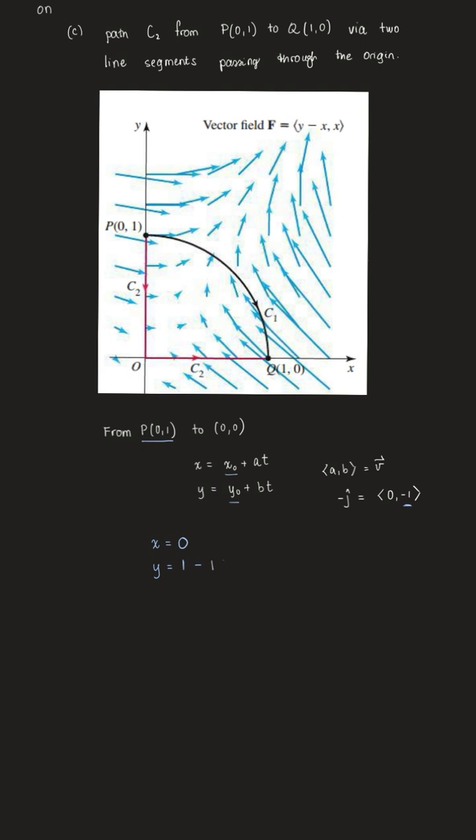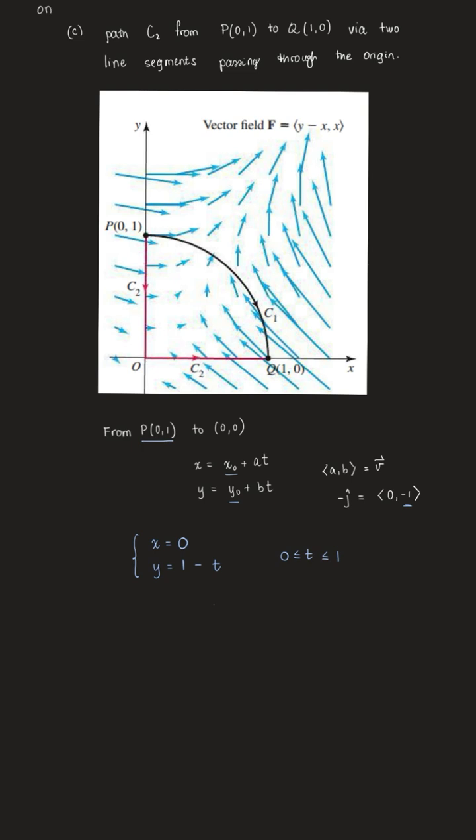This negative 1 is the y component of our direction vector. Now, t is going to go from 0, where we get point P, to 1, where we get the origin. Let's just check: if we put in 1, we get 0, 0. So this is the first part of the first integral, when we go down from P to the origin.